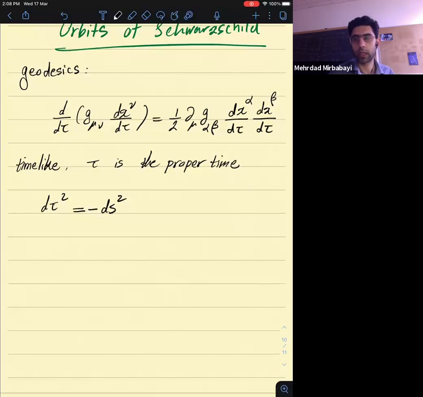So a time-like particle will have negative ds squared, but positive d tau squared.